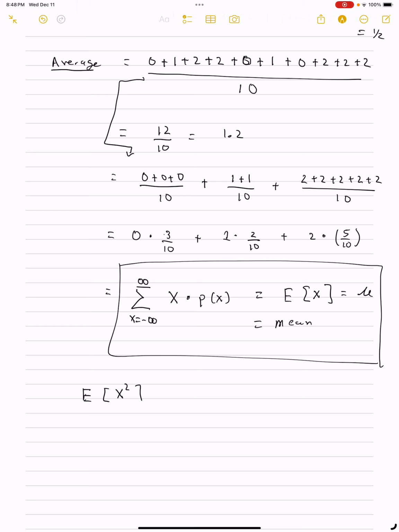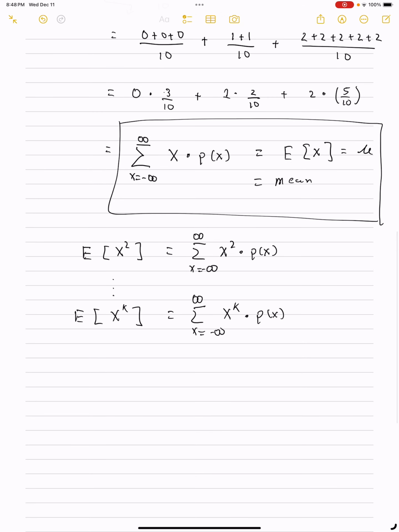There's also E of x squared. That's the summation from minus infinity to infinity of x squared times p of x. You can also formulate the expected value of the kth moment, or x to the kth power, and that will be x to the k times p of x.